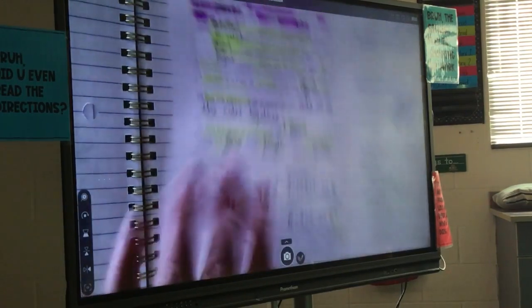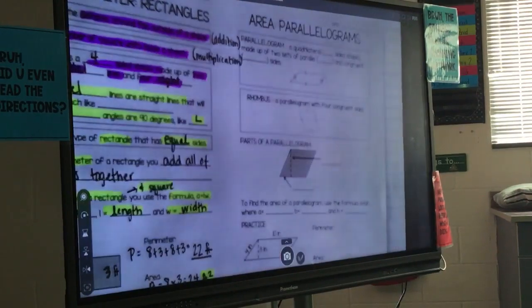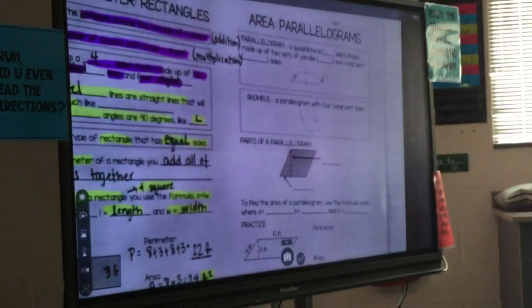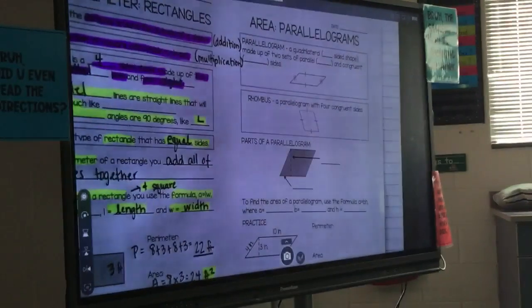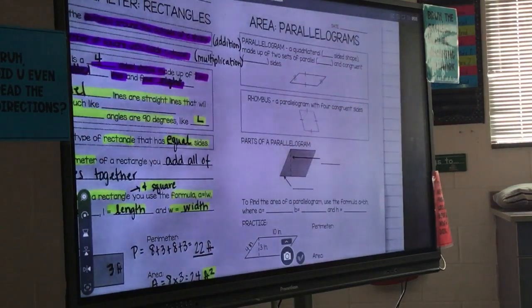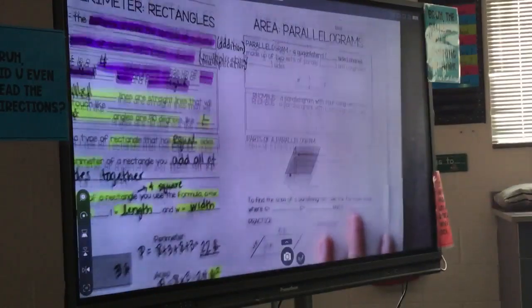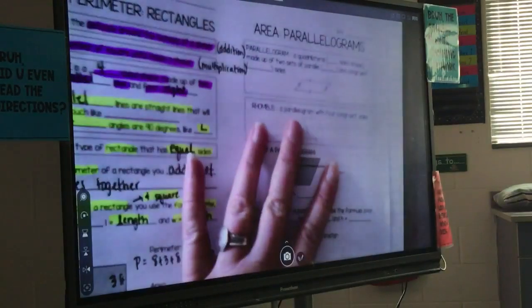All right, now we're going to talk about parallelograms. If you think about a rectangle, so your rectangle's here, for a parallelogram, you take the corners of your rectangle and you just slide them over. So essentially it's a slanted rectangle or a slanted square. A parallelogram is a quadrilateral.